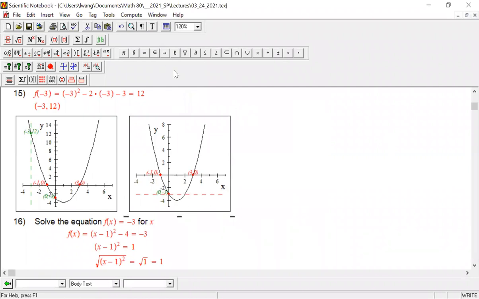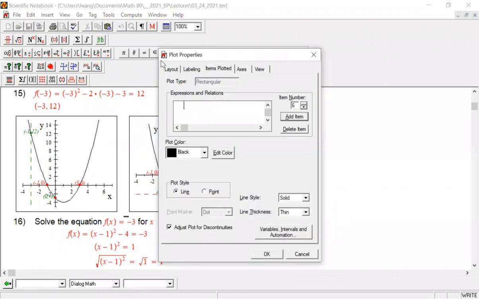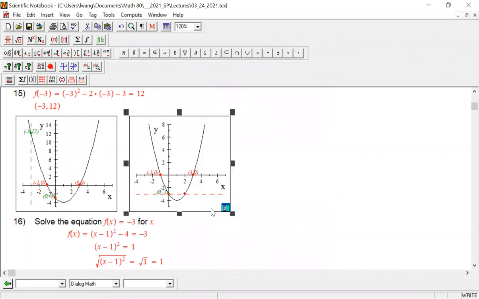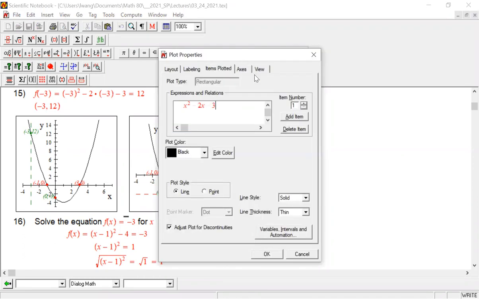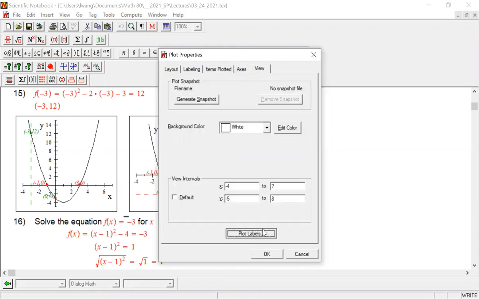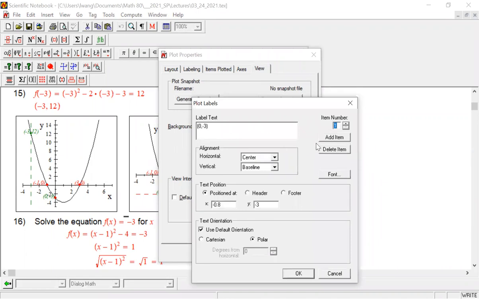So let's put it on the graph. Okay, I'm going to make it a red dot. Boom. Okay, so let's mark these 2 points. This point is already marked, so we just have to mark the other point, right? So that's going to be 2, -3.